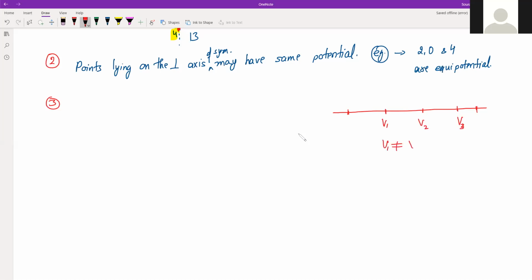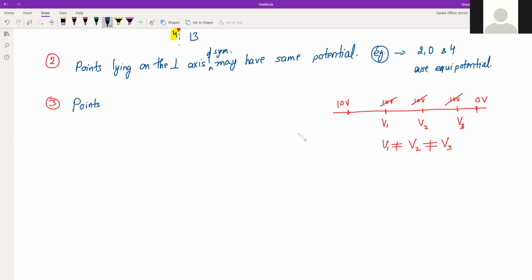So V1 is not equal to V2, is not equal to V3. There must be some potential drop. For example, if we start from 10 volts here and here there is 0 volts, obviously all of this cannot be at the same potential. This is not possible. So that is our third step, that is, points lying on the parallel axis.